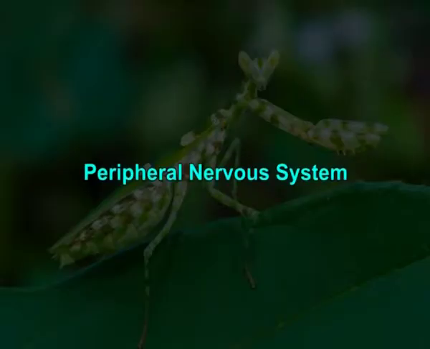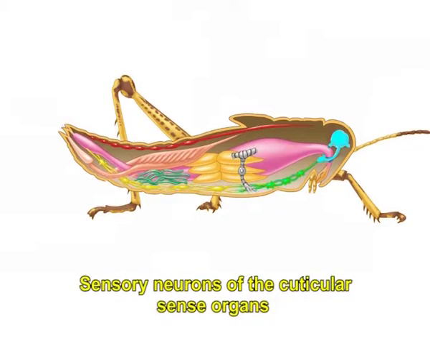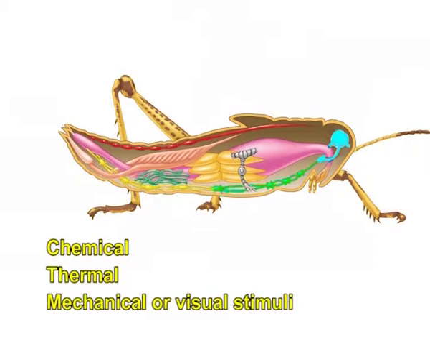Peripheral nervous system. This consists of motor neuron axons that branch out to the muscles from the ganglia of the central nervous system, parts of the sympathetic nervous system, and the sensory neurons of the cuticular sense organs that receive chemical, thermal, mechanical, or visual stimuli from the insect's environment.